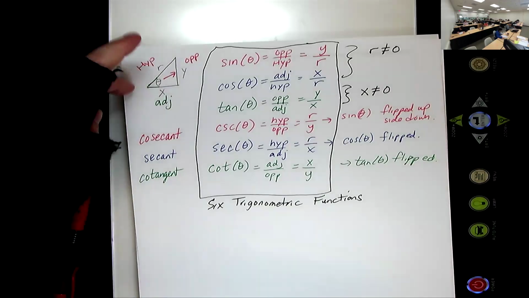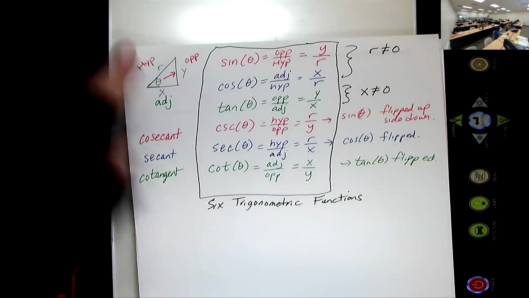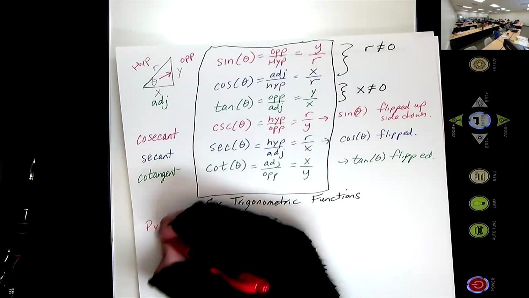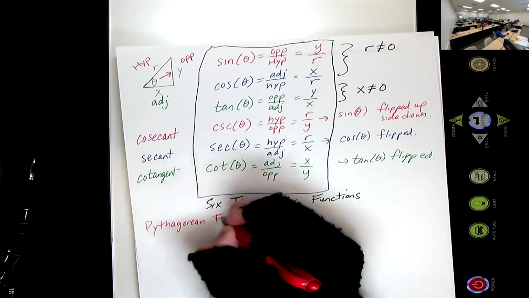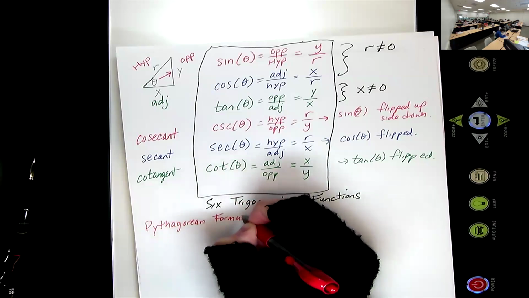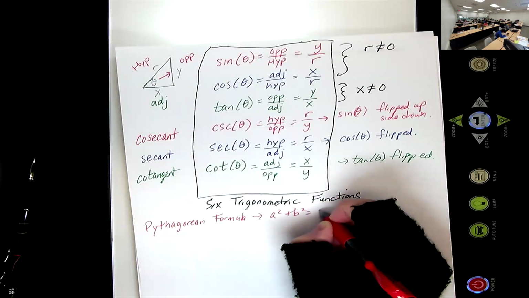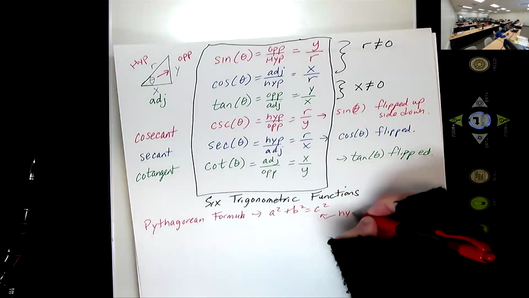Looking at the triangle, does anyone know the relationship between x, y, and r? There's something called the Pythagorean formula, which is a squared plus b squared equals c squared, and c is the hypotenuse.